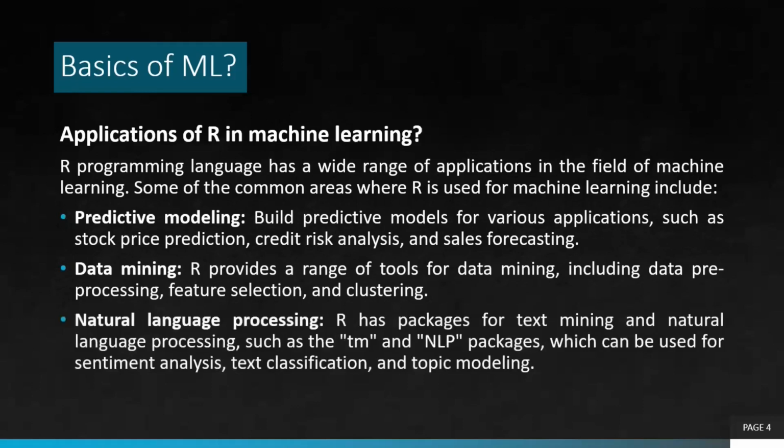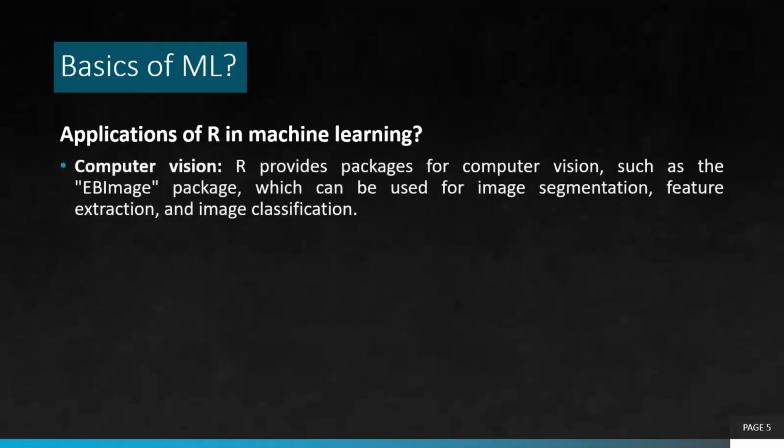Next, we have NLP, or natural language processing. R has packages for text mining and NLP, such as the tm and NLP packages, which can be used for sentiment analysis, text classification, and topic modeling. Next, we have computer vision. R provides packages for computer vision, such as the EBImage package, which can be used for image segmentation, feature extraction, and image classification.